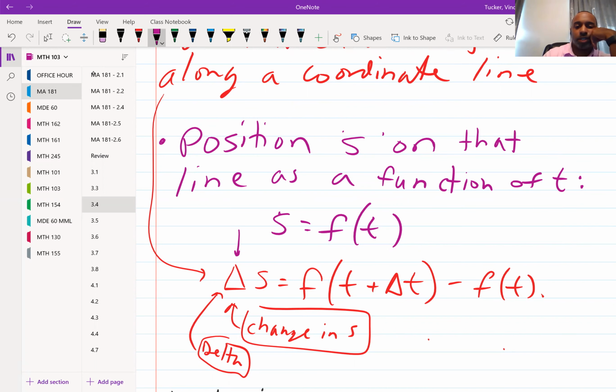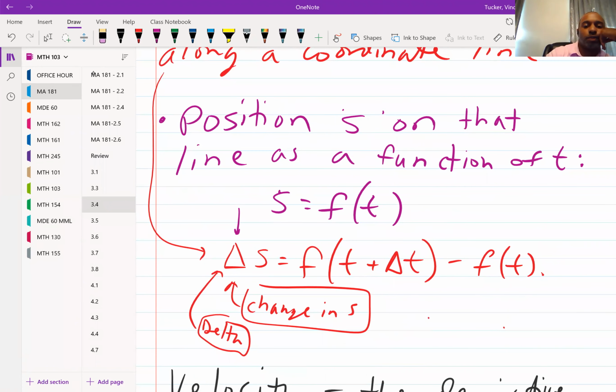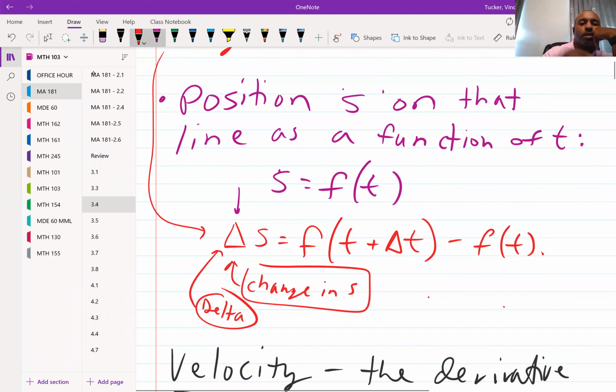Delta S represents the change in S. So if you see that notation, that's what they're referring to. And it's the same thing as, write this over here.